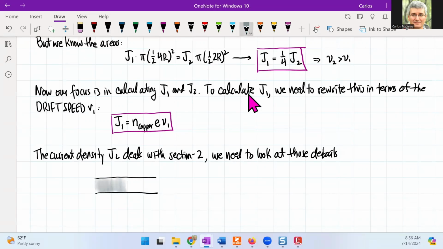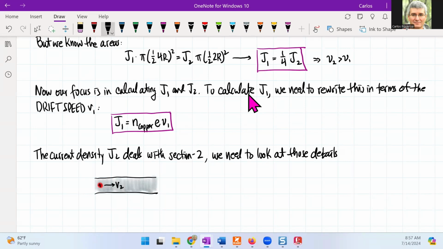And I could calculate the drift velocity. We don't need to, though. And the reason why we don't need to is that, yes, I have a drift velocity right here, and I know that this guy has a drift velocity of v2.